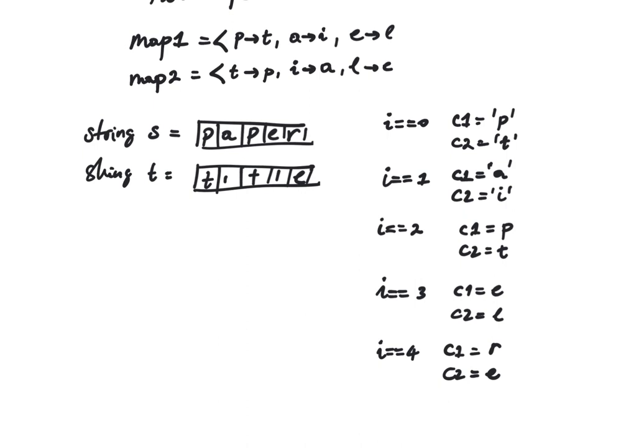No, it doesn't contain C1. Does map 2 contain C2? No, it doesn't contain C2. So we can do R maps to E, and E maps to R. And because we have finished processing and we didn't find any mismatch, the answer is true.